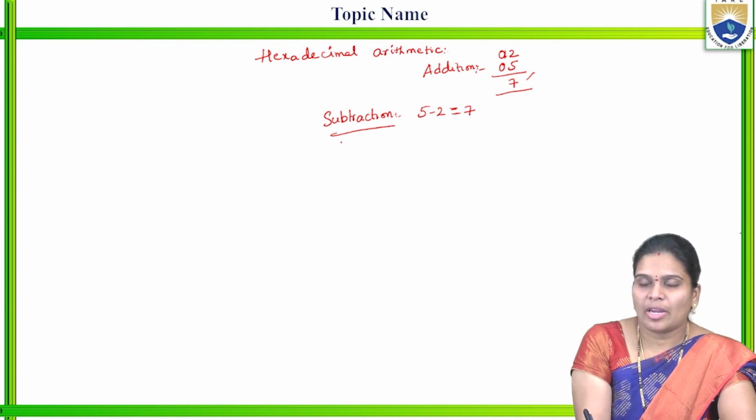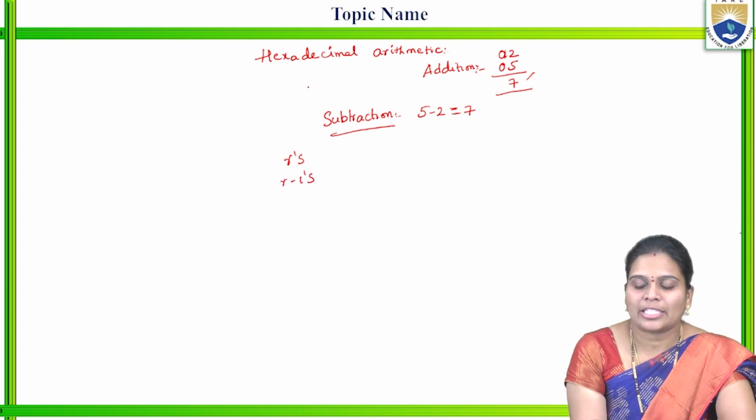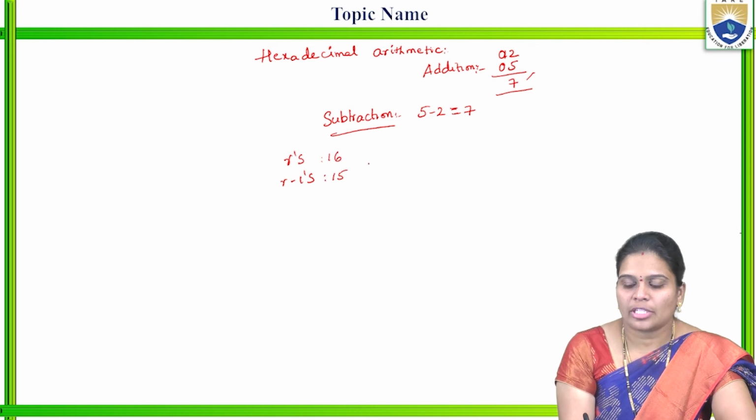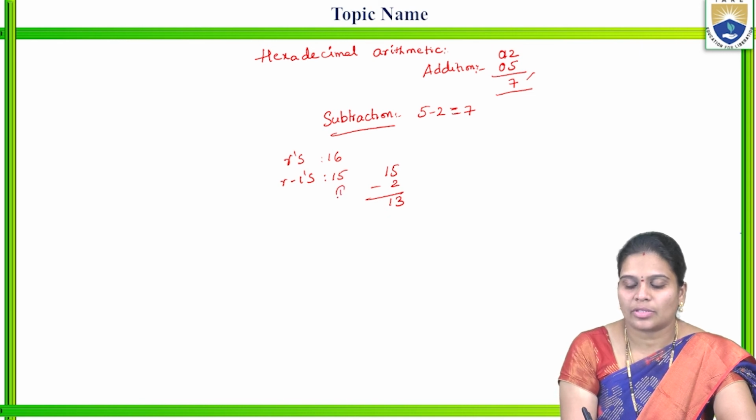So the same values are present in the r's and r minus 1's complement. What is the r's complement? In hexadecimal the base value is 16, so by using the 15's complement, we apply it to the subtrahend 2. 15 minus 2 is 13, that is the first step.